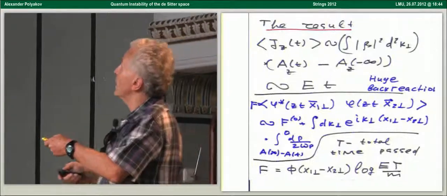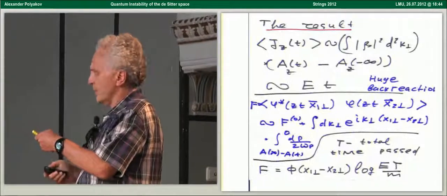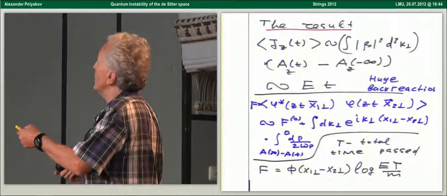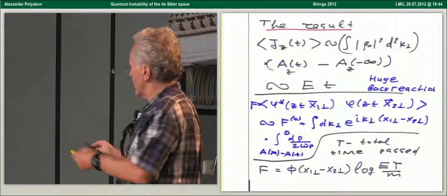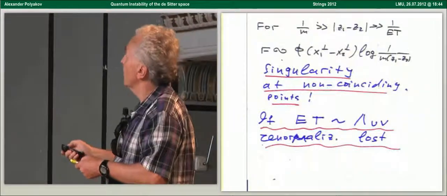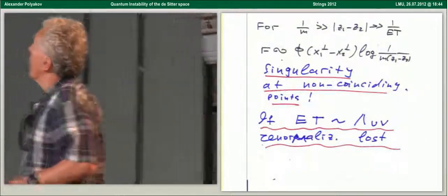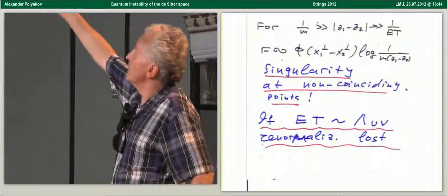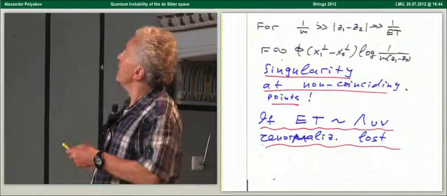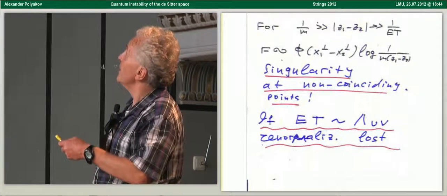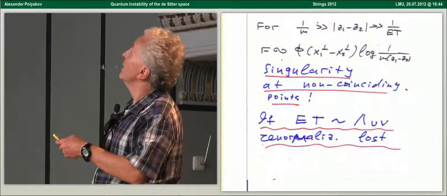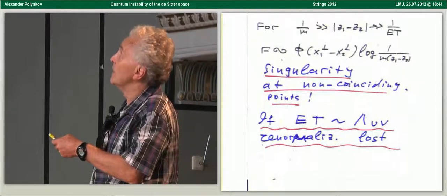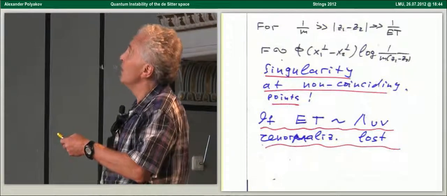And if you calculate the correlation function, you get a rather curious relation. Again, T is the total time like that. And you see that if you take this big T to infinity, you get a very strange singularity, which exists at non-coinciding points.